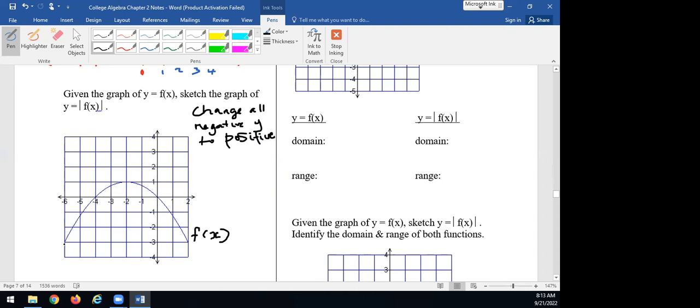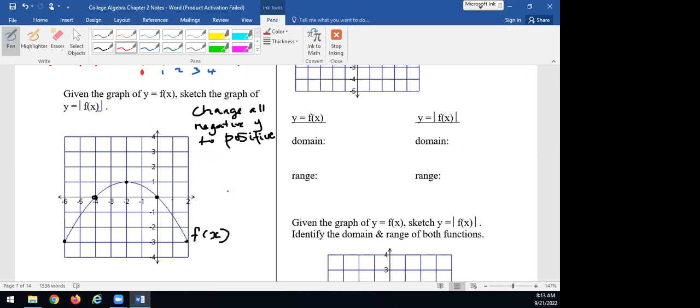So let's go ahead and label some points on our graph. So we have this point right here, this point, and I'm just using the whole number ones. And if y is already positive, it stays the same.